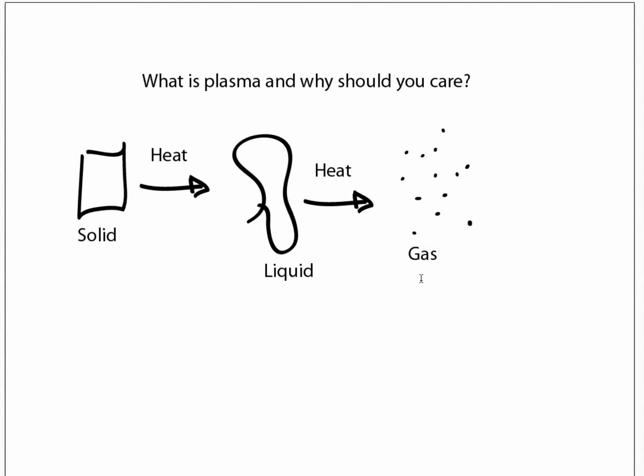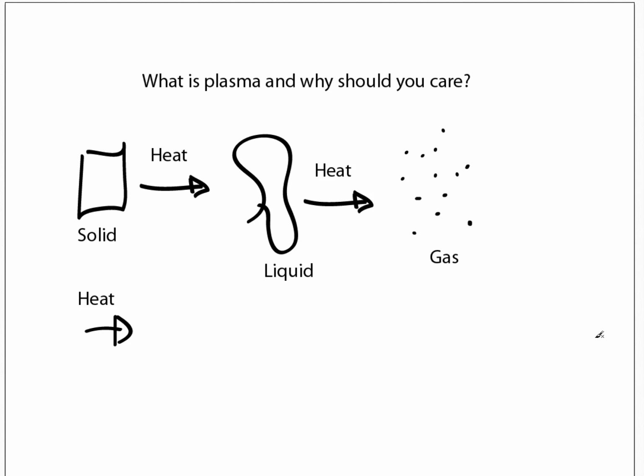Now what happens when you heat the gas even further? It accomplishes yet another phase transition. Okay. So let's throw one more arrow here, apply more heat, and now the funny thing is that in this gas, the individual atoms that compose the gas start to lose their electrons, which means that the matter starts to become electrically charged.